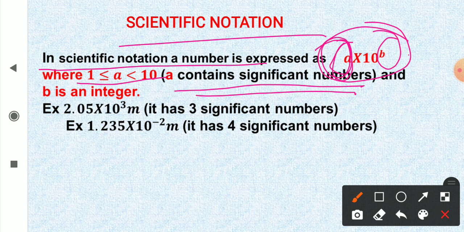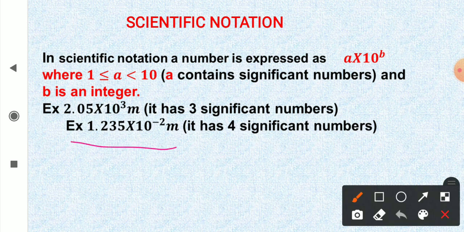For example, if I have 2.05 into 10 raised to the power 3 meter, then this a, look at it, lies between 1 and 10. It has 3 significant figures. So the measurement has 3 significant figures.